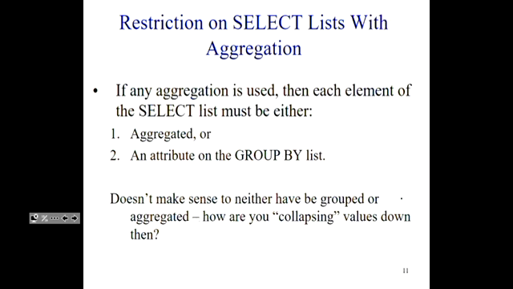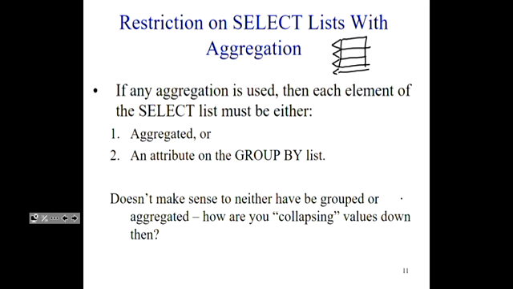So there is a natural restriction for what you can use within a select clause. Something that you want to use within a select clause either has to be something that you're grouping by or something that you're aggregating. The reason for that is that you are essentially starting off with a relation and then grouping these tuples into groups based on the group by. After that point, you have a bunch of groups, and for each group, you have to return a unique value.